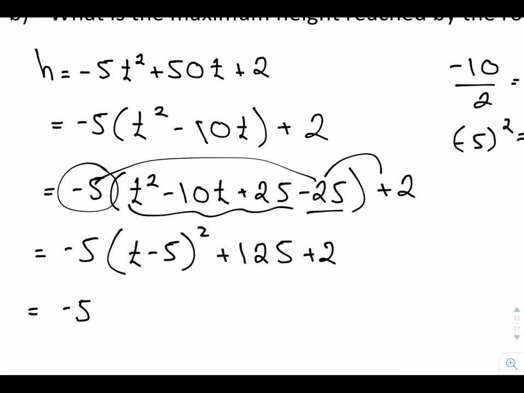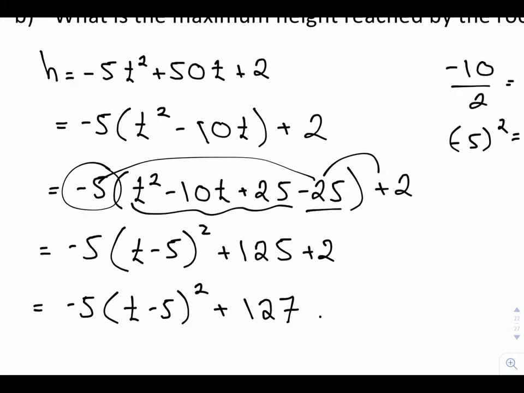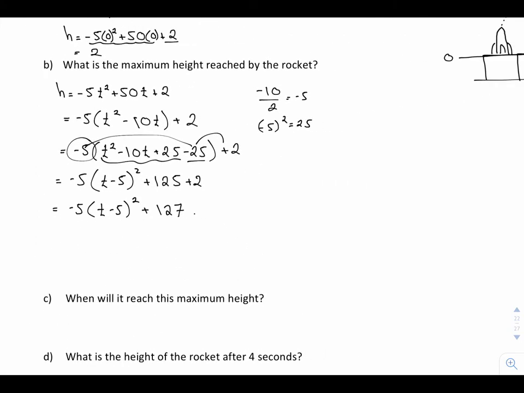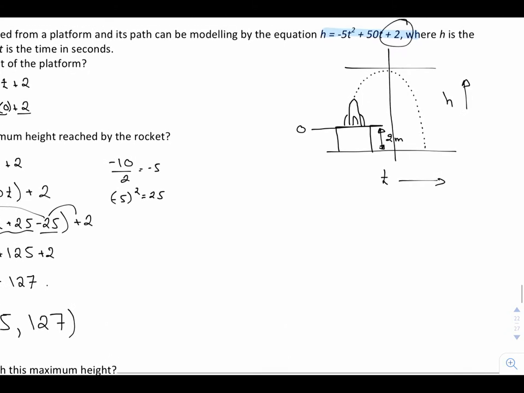And what I'm left with is negative 5 (t minus 5) squared plus 127. So there it is. There is your vertex form, and from that I can read my vertex, which is going to be (5, 127). Let's relate this point to our picture.